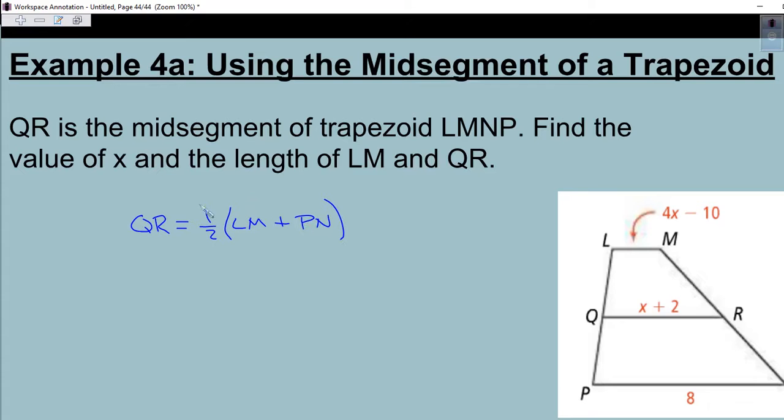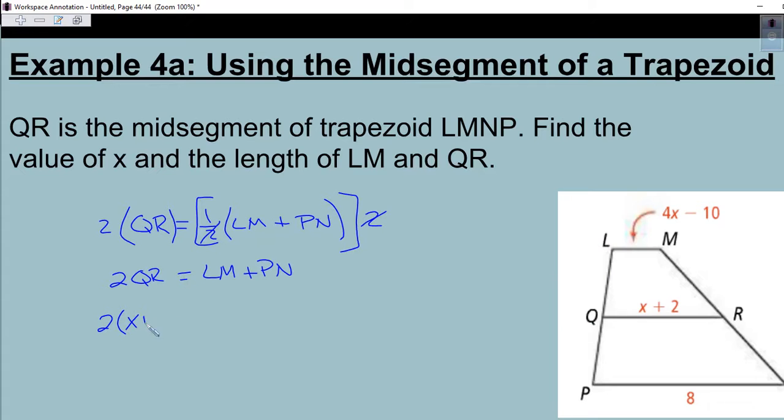One way to solve this and get rid of the half is to multiply our expression by 2 on each side. So each expression gets multiplied by 2. That cancels the 1/2 on the right, leaves us with LM plus PN, and then we get 2 QR. Now when we go back and plug our expressions in for our variables, we know it's set up correctly.